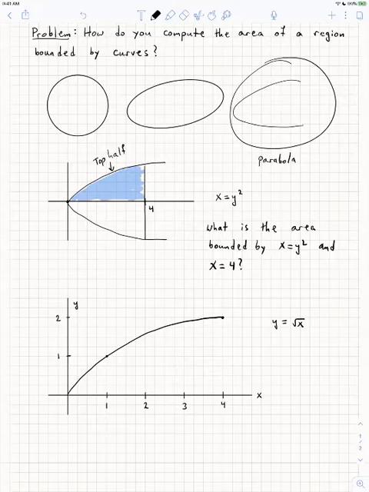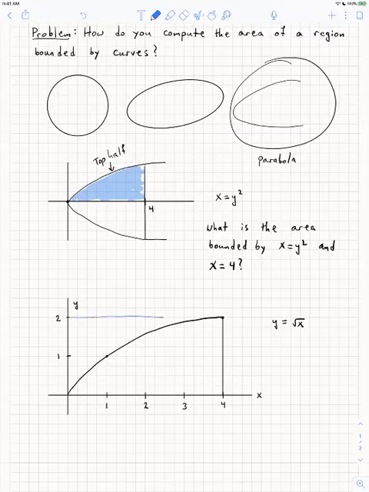Our goal here is to estimate the area underneath the graph between x equals 0 and x equals 4. And a natural question is, how are we going to do that? Well, one thing that we can do is compute the area of a rectangle. So why don't we try to approximate this area using the area of a rectangle? One thing that we can be sure is that we can draw a rectangle that contains the whole thing.